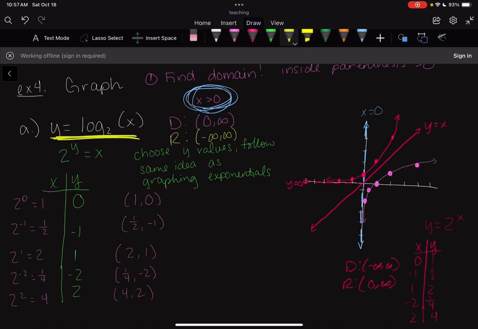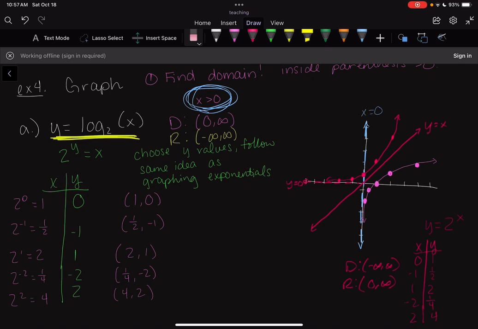What I mean by that is, you see how all of these x values, they're powers of 2. So if you want to pick your x's, you can only pick powers of your base to go in the parentheses. And later, if we have more stuff in those parentheses, like a horizontal shift, it may get really difficult to pick the x values.